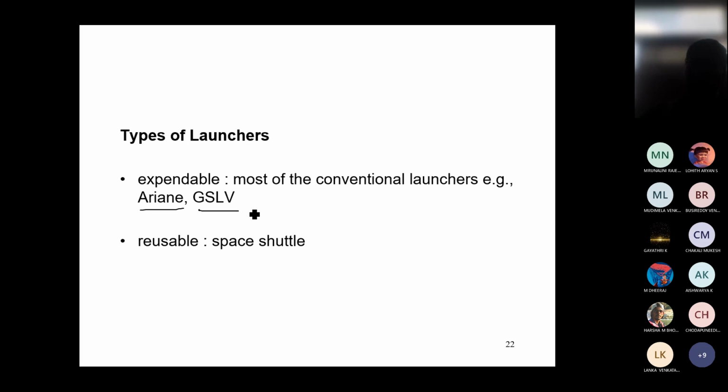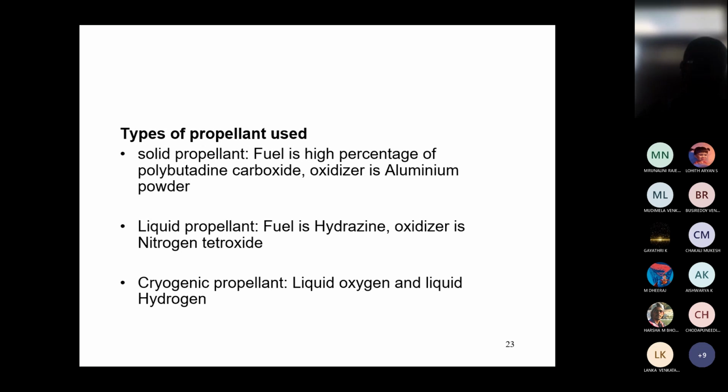But we are still at a very experimental stage for designing reusable rockets or space shuttles. And we are using different types of propellants also. One is called the solid propellant.